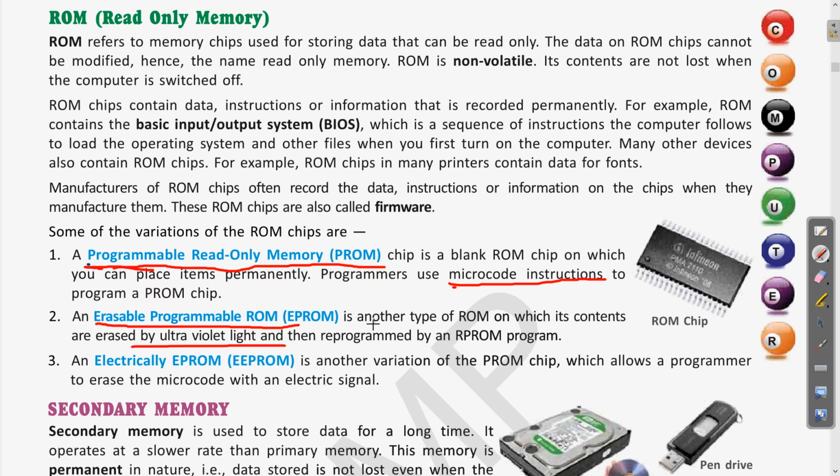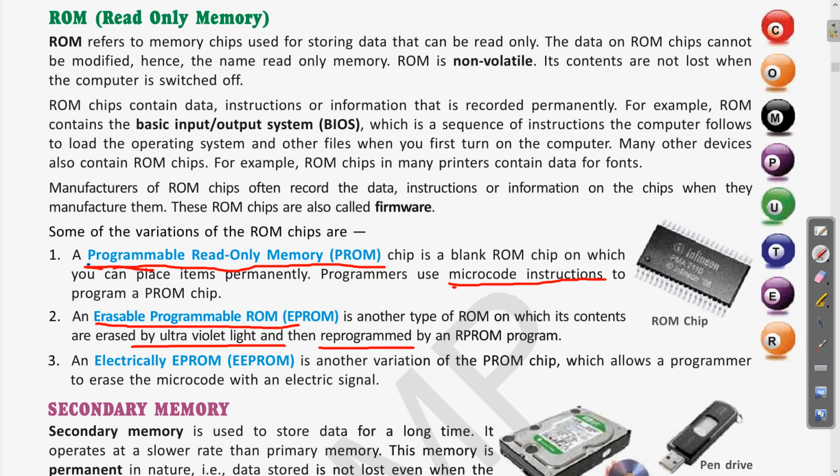Clear? So the basic definition we have seen is that the PROM can be written once and we can read it again and again. But in this new form, the EPROM, the contents can be erased using ultraviolet light. So using ultraviolet light, we can erase the content of these EPROMs, and again we can reprogram.